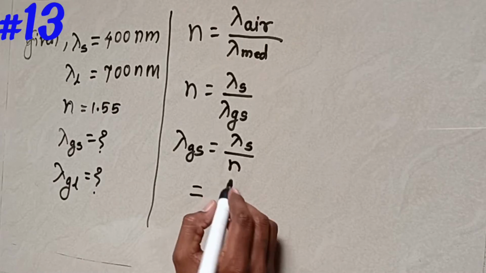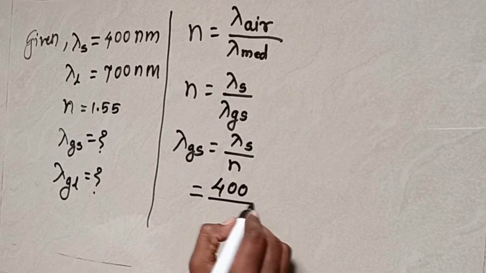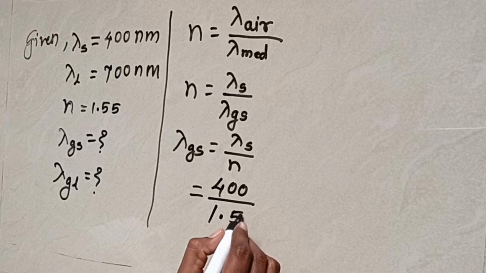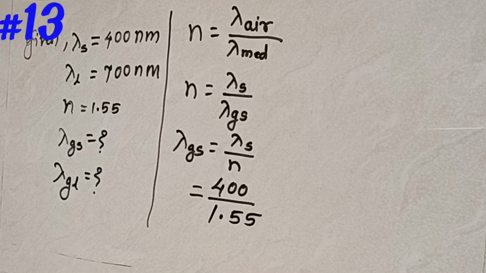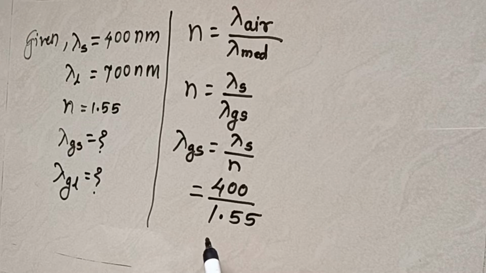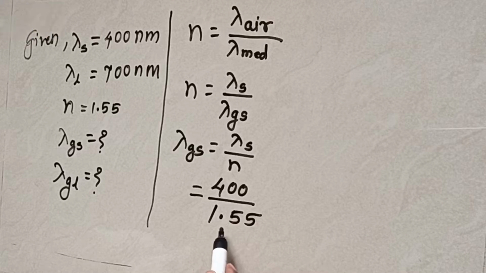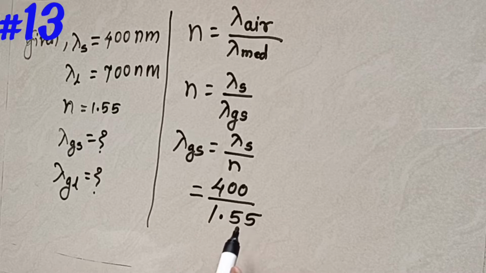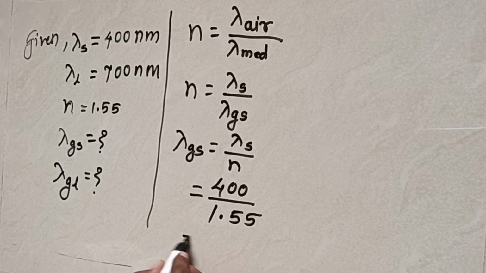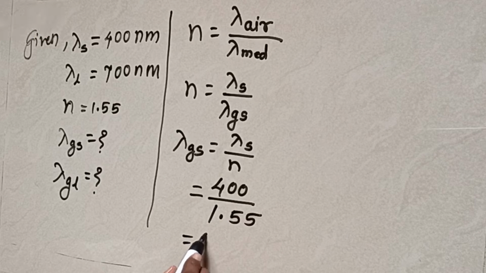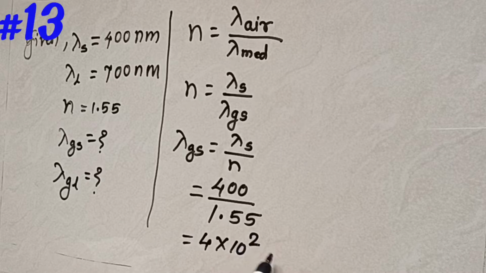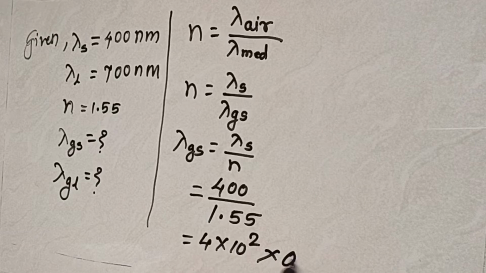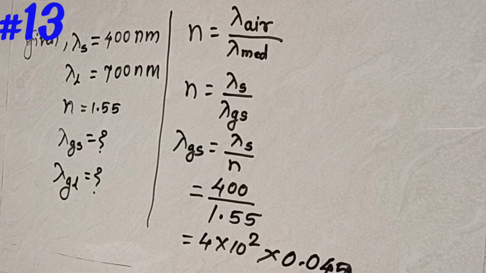Lambda s is nothing but 400 nanometer divided by 1.55, which is the refractive index. Right? Now you can do this calculation by using a logarithmic table. Here we use the reciprocal table, grouping 1.5 and 5. 400 is written as 4 into 10 raised to 2, and the reciprocal of 1.55 is 0.0452.